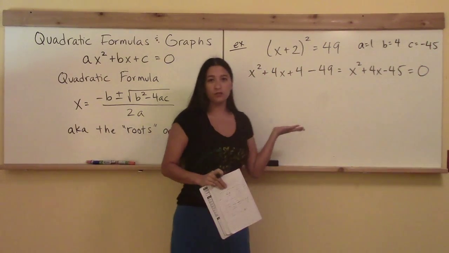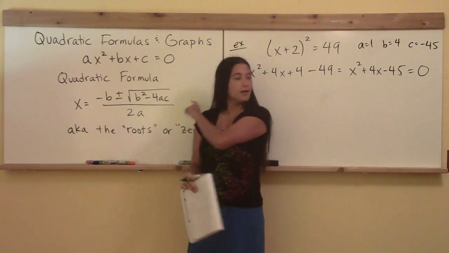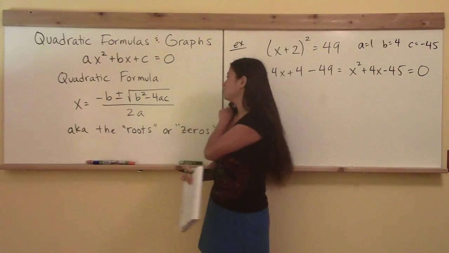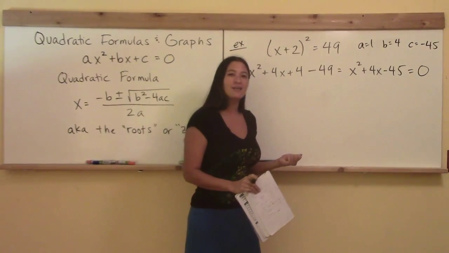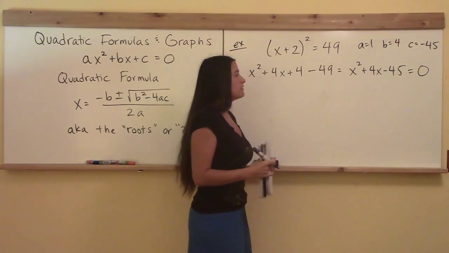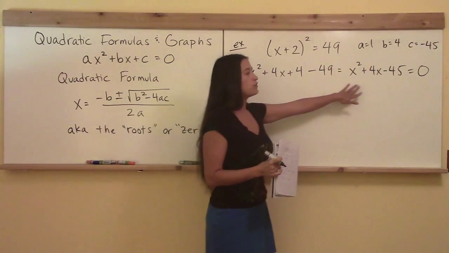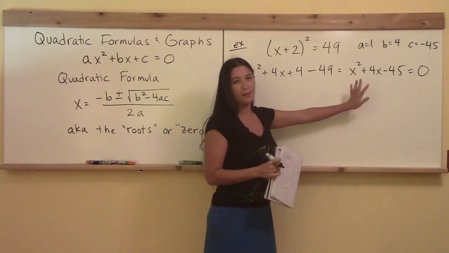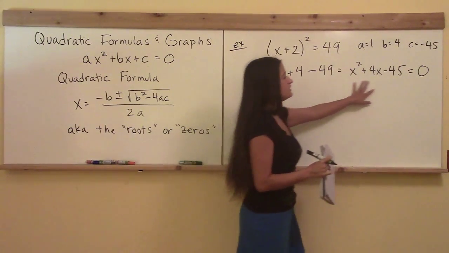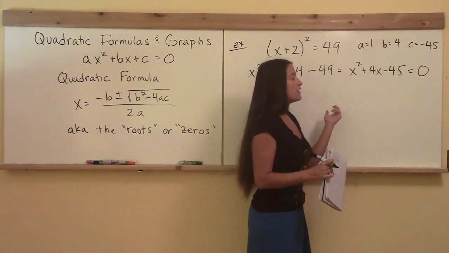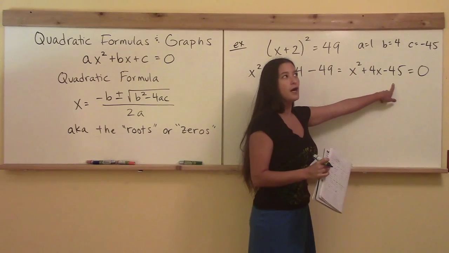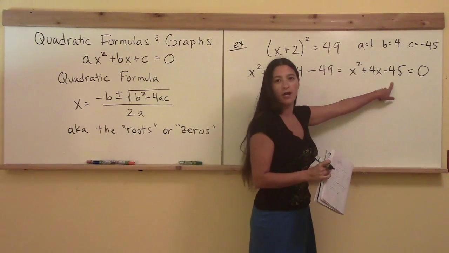Now if you want, you can use the quadratic formula again. c is a pretty big number. You might need a calculator to figure out all that. But another thing that you can actually do, something you might have learned before, is you could then factor this. If you happen to notice that there's an easy way to factor this with integers, like let's think, the factors of 45, 9 times 5, right?